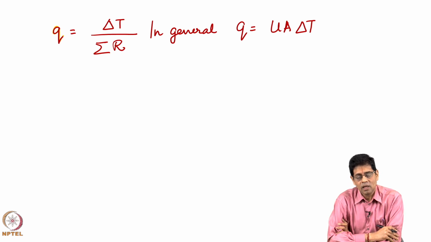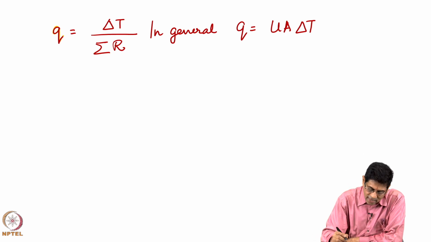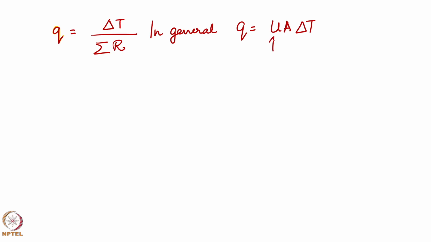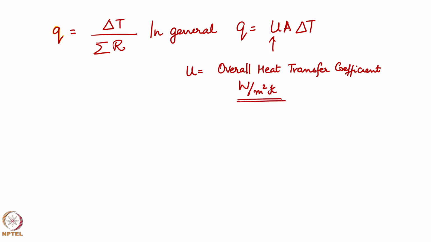This concept is basically telling you U is called the overall heat transfer coefficient. It has the same units as H, watt per meter squared Kelvin.